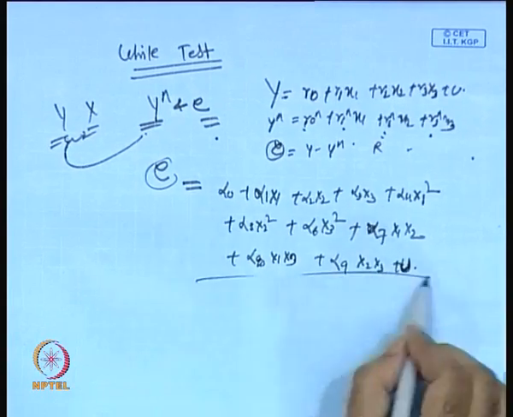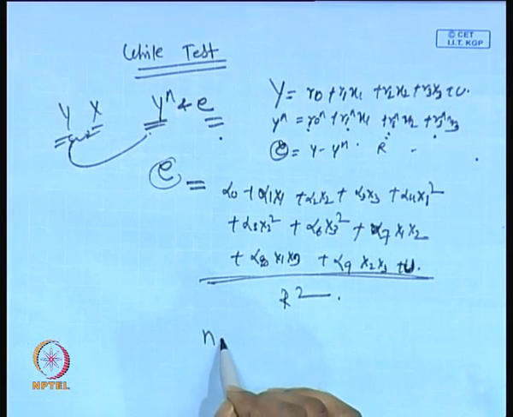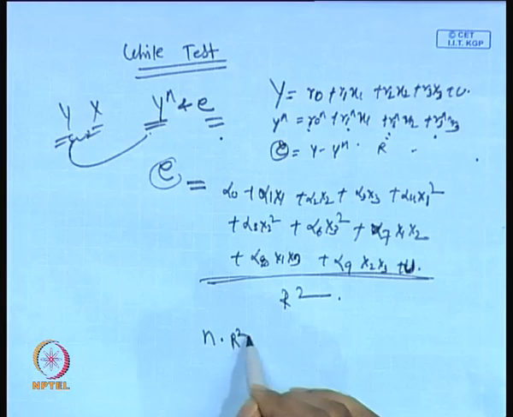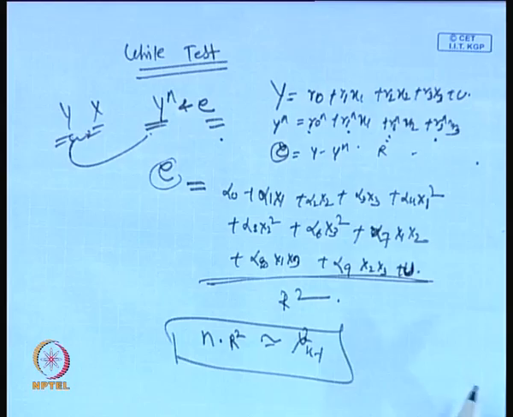Now you estimate this model and find the R square. Then you multiply n with R square, which follows chi square with k minus 1 degrees of freedom. If this is statistically significant, then heteroscedasticity is present. If it is not significant, there is no such problem, so you can use that model for policy use and forecasting. But if it is significant, then again you have to redesign, restructure till you get a better fitted model.